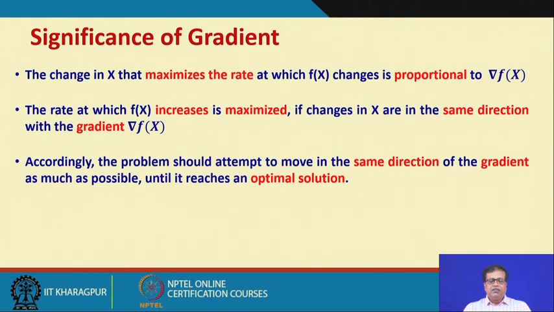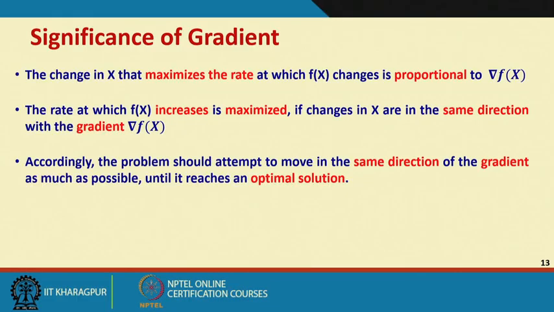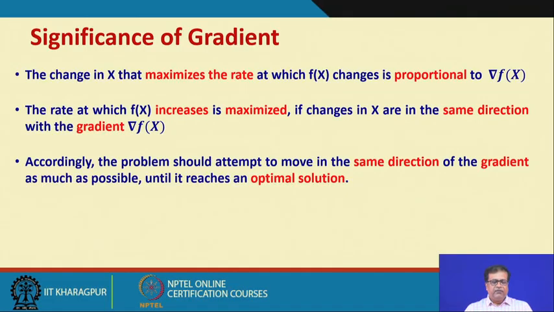The rate at which f x increases is maximized if changes in x are in the same direction as the gradient, right. So, as long as the direction is the same, then you keep going, but at a point the slope changes. So, gradient really represents the slope. At some point the slope really changes, and when the slope changes, then the directions will be different also.